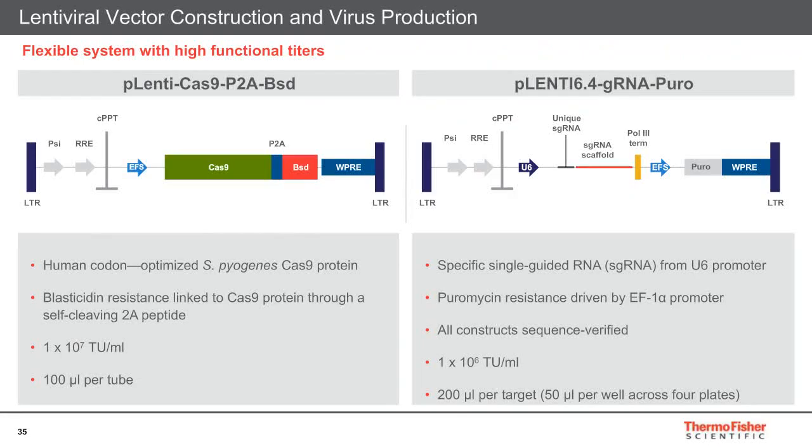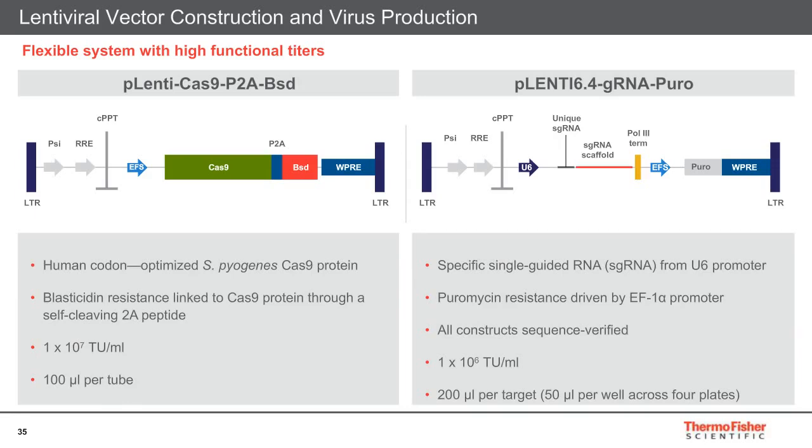This slide shows the vector construct design for both the lenti-Cas9 and the lenti guide RNA. On the right-hand side, in the design for lenti-Cas9, as you can see, the Cas9 is driven by the EF1 alpha promoter and is also linked to the blasticidin marker using a self-cleaving 2A peptide.